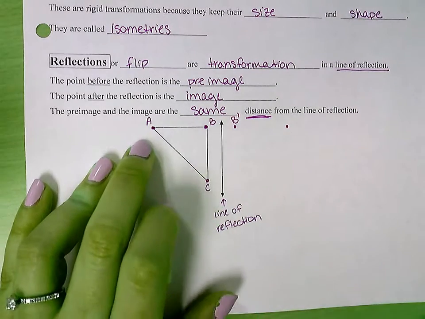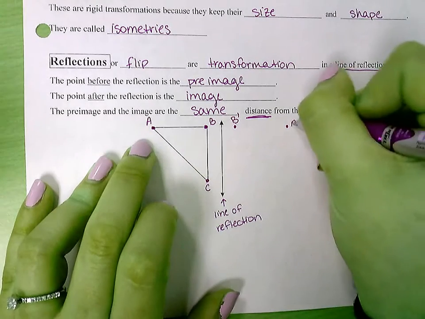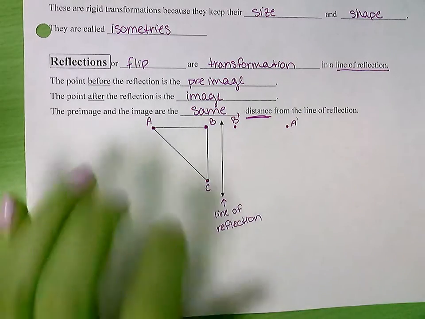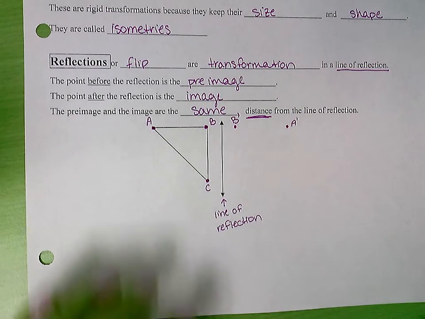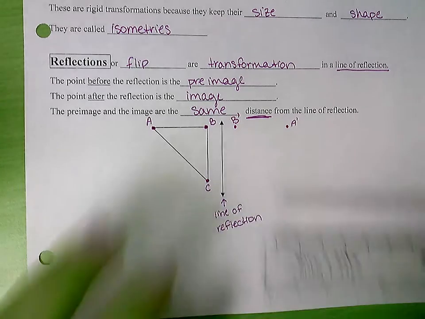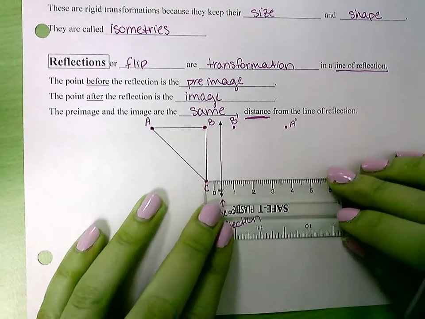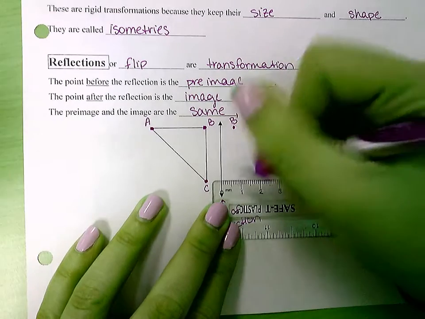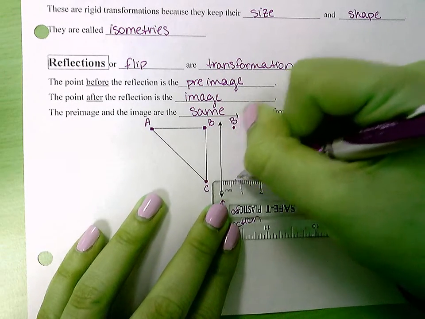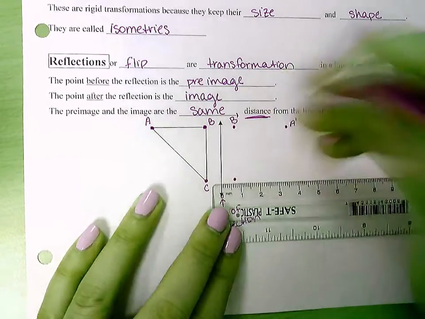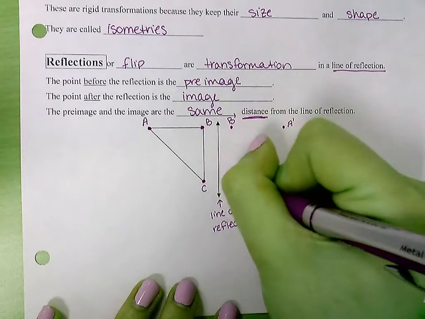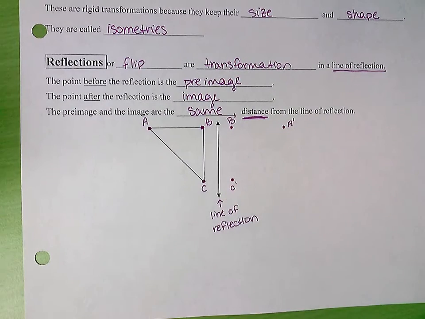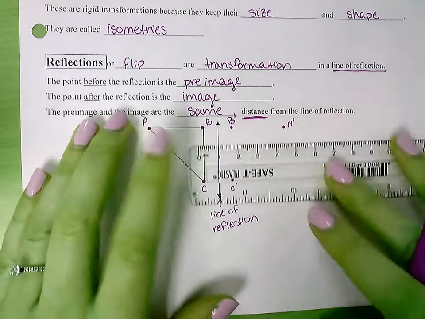Again, after you find that point, you label it A prime. It has to have that apostrophe. Same thing with C. After you have all of your points, you can connect those.